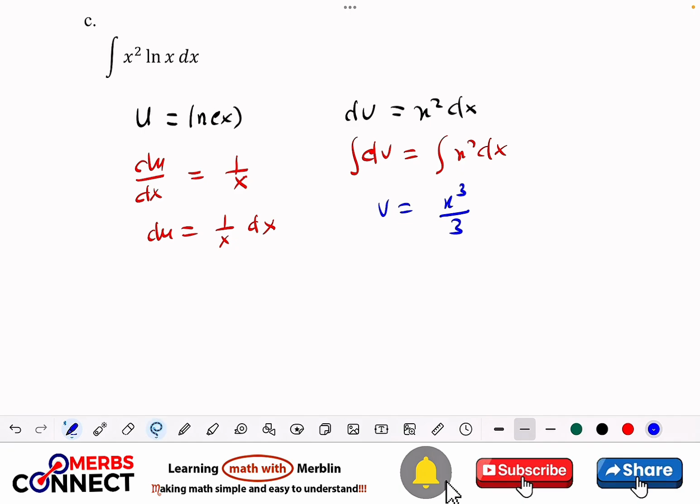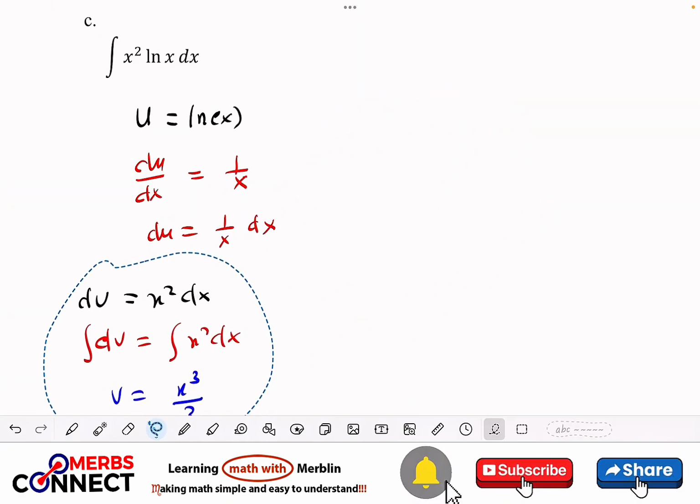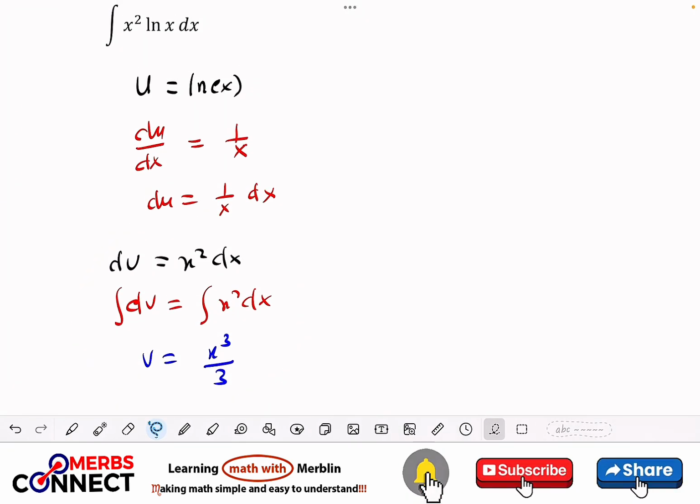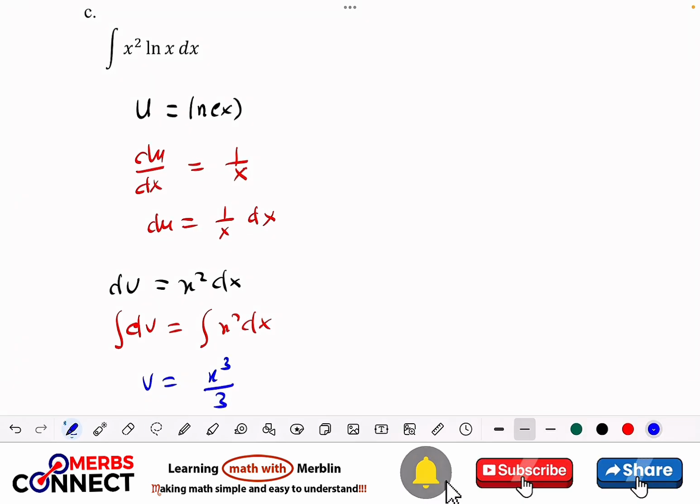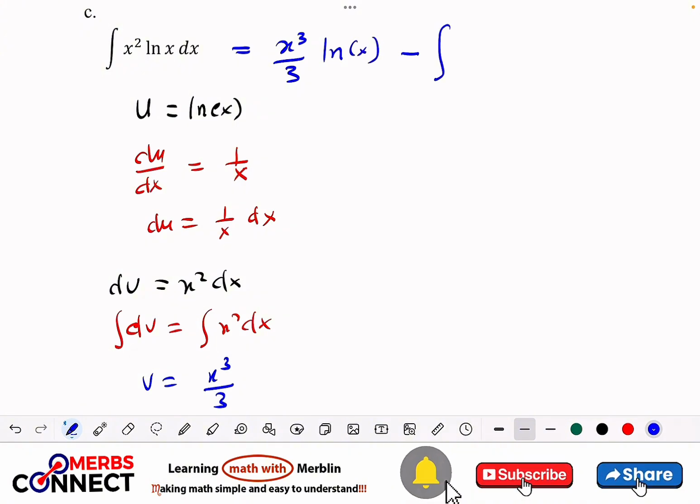Then what happens? So basically we are going to have something like this. Using the integration by parts formula, we need to multiply u by v, which is going to be x to the power 3 divided by 3 times ln of x. So u times v, minus v, which is x to the power 3 divided by 3, then we multiply it by du, which is 1 over x dx.